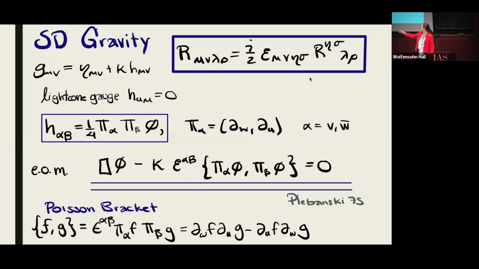And again, your field, which is going to be an exact perturbation around Minkowski, can be written in terms of these differential operators and a scalar field. And this scalar field has to satisfy equations of motion, which again just have 3-point interactions. And instead of having a Lie bracket giving you the 3-point interactions, now you have a Poisson bracket, which is this Poisson bracket over here. And this is going to give you your kinematic algebra.